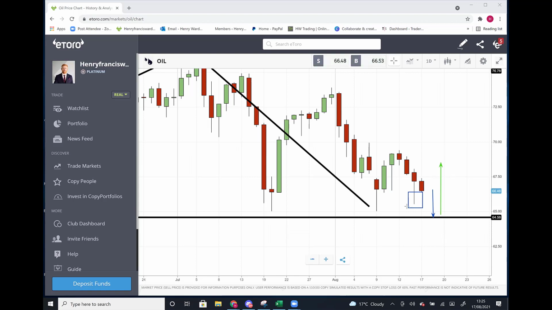Bearing in mind, we now have a lower low here. In your opinion? So yes, it is. Yes, it is.